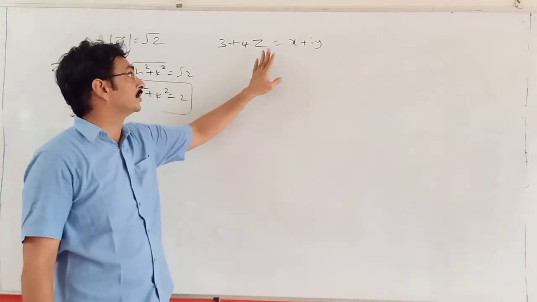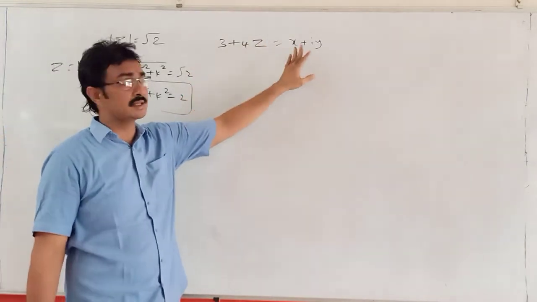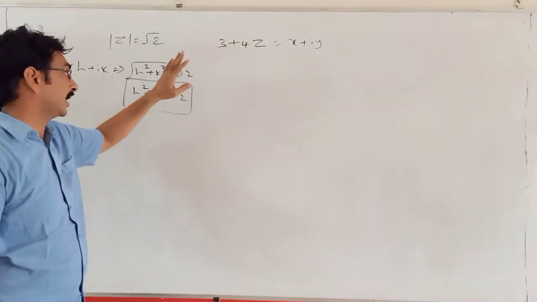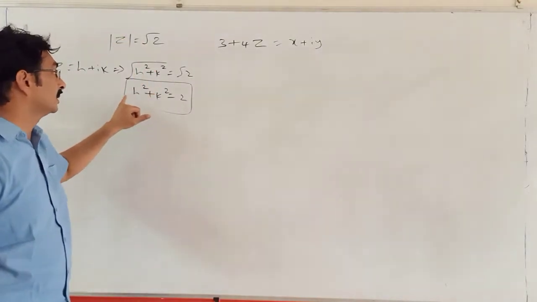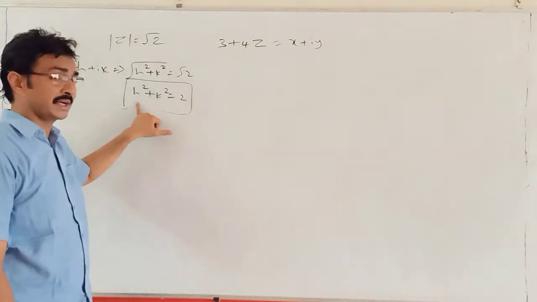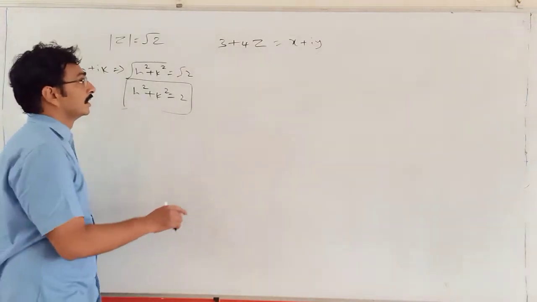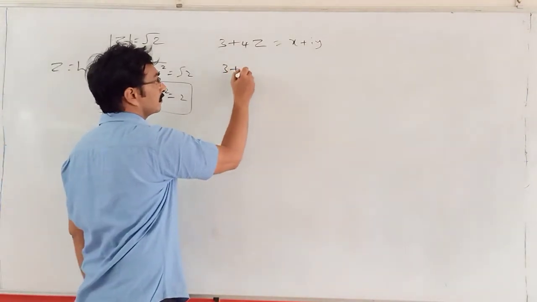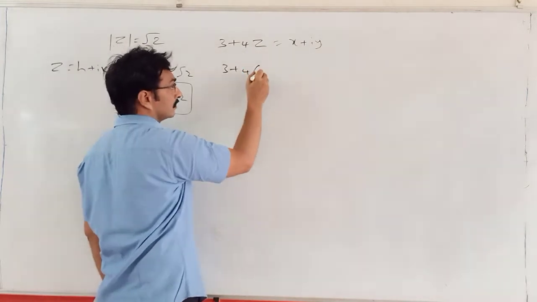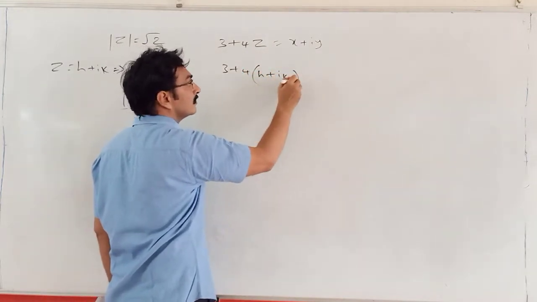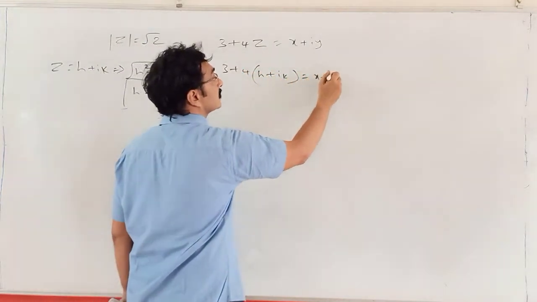We have to assume the required locus point is x plus iy, and by using the condition, the locus direct or indirect condition, we can find the locus of z. So here 3 plus 4 into z, where z means h plus ik, equal to x plus iy.